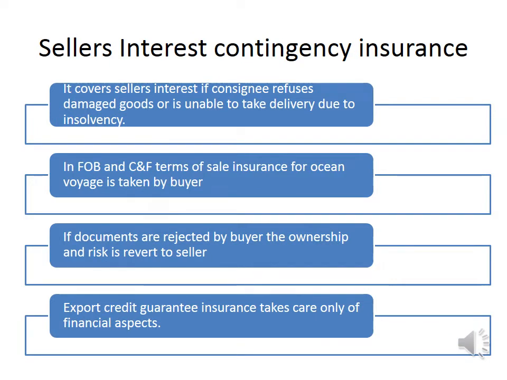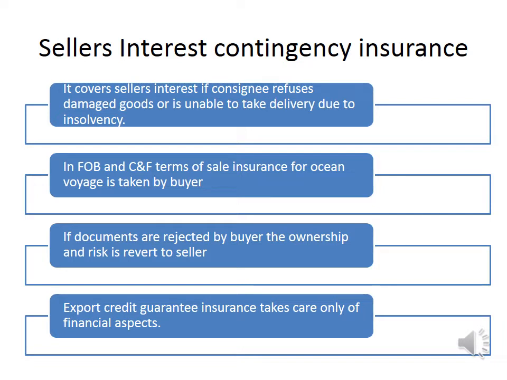The insurable interests are divided as direct insurable interest and contingent insurable interest. That means I still have a financial association with that particular commodity even after selling it. I have not received money for that. It is covering the seller's interest in different types of contingencies. For example, the consignee has not taken a policy, or the consignee refuses damaged goods and is unable to take delivery due to insolvency.